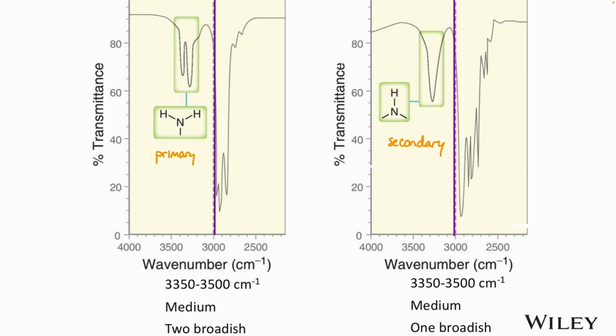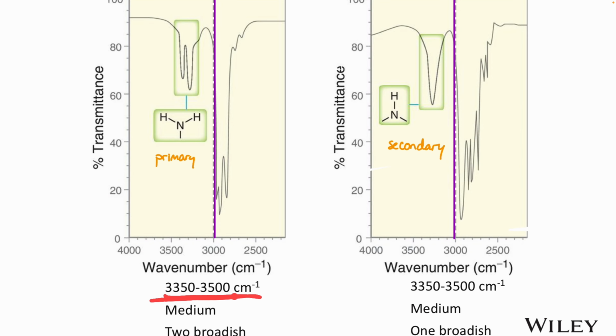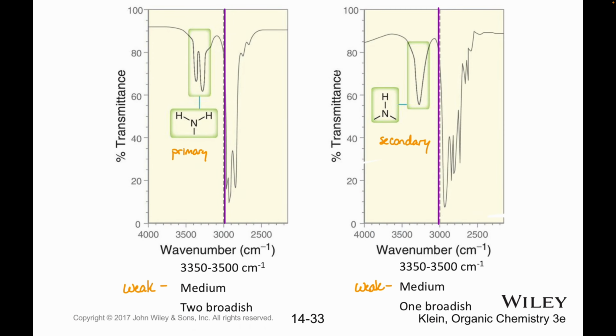They're both absorbing around the exact same place, 3300 to 3500. All right, they tend to be weak to medium in size. The difference is that for primary amines, you actually get 2 peaks in that region, whereas for secondary amines, you just get 1 peak. So for primary amines, we get 2 broadish peaks, and our secondary amines will only see 1 broadish peak in that region.